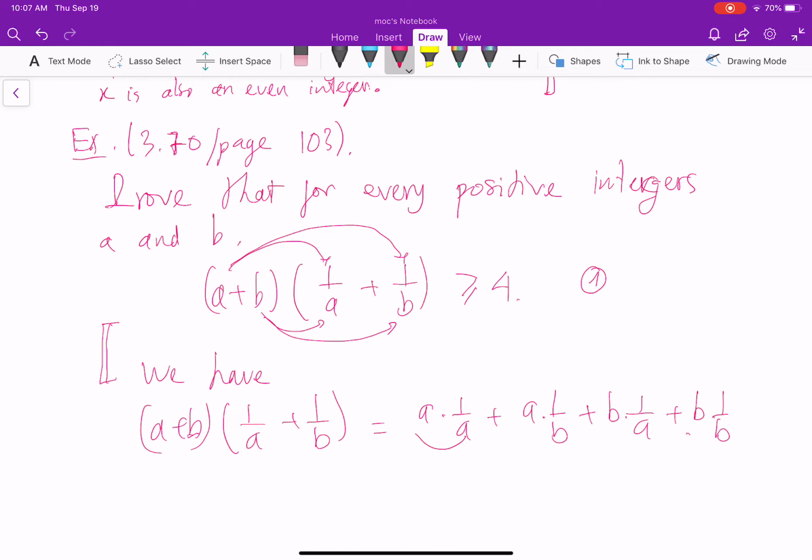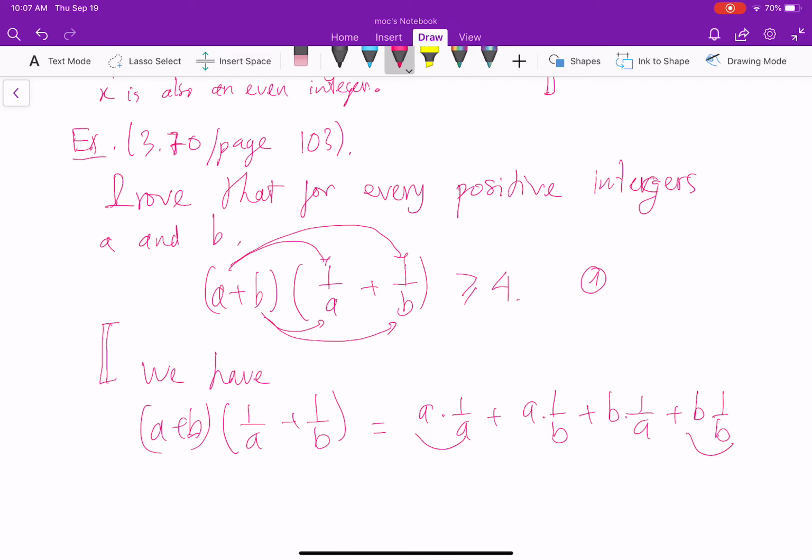The first and the fourth terms are ones, right? So writing here just 1 plus a over b plus b over a plus 1, which is 2 plus a over b plus b over a. And we need to prove that this is greater than or equal to 4.